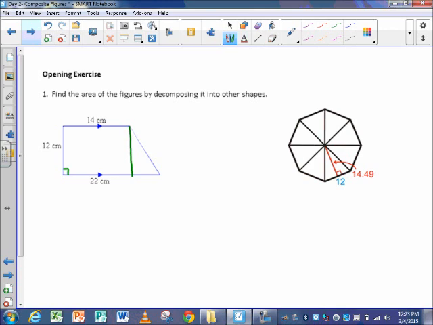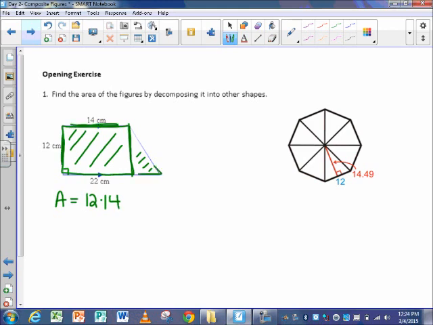So if I wanted to say, forget that I knew the area of a trapezoid formula, this trapezoid is really this rectangle plus this triangle. This rectangle is going to be 12 times 14 for base times height.